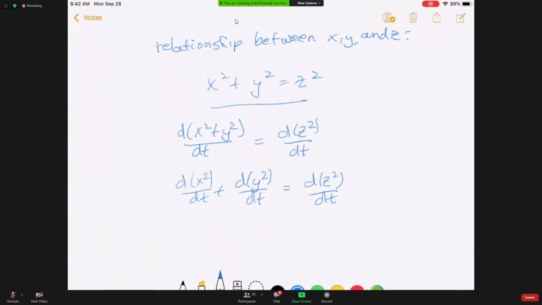And now, x is a function, so x squared is a function squared. Inside function is x, outside function is the squaring function. Chain rule, we have to use chain rule. So 2x dx/dt, that's the derivative of x squared with respect to t. Derivative of y squared, all the same basically, with different letters.